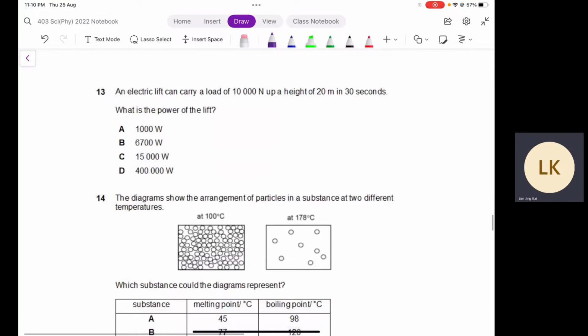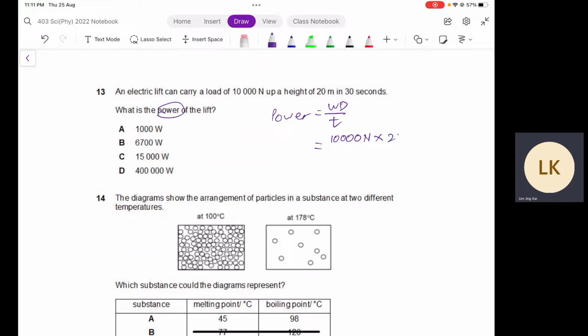Question 13. An electric lift can carry a load of 10,000 newtons up a height of 20 meters in 30 seconds. You are asked to find the power. So we know that power equals work done divided by time. And work done means force times distance. So in this case, the force is 10,000.